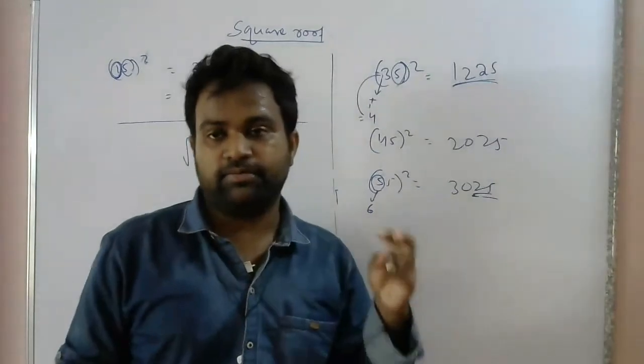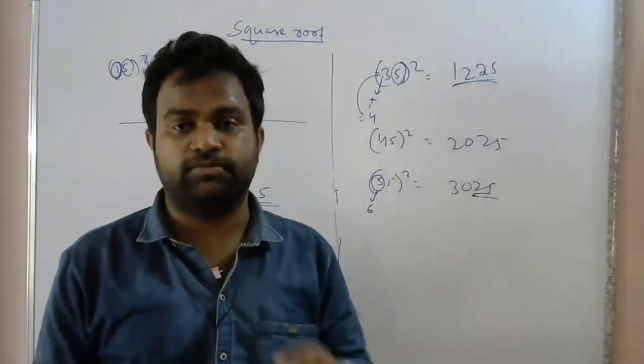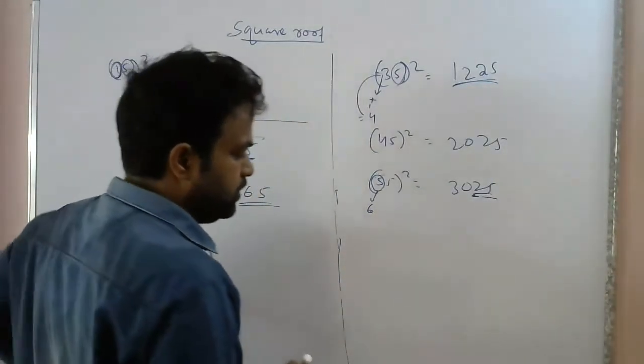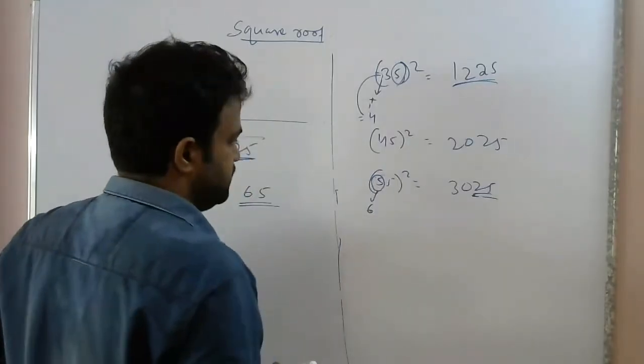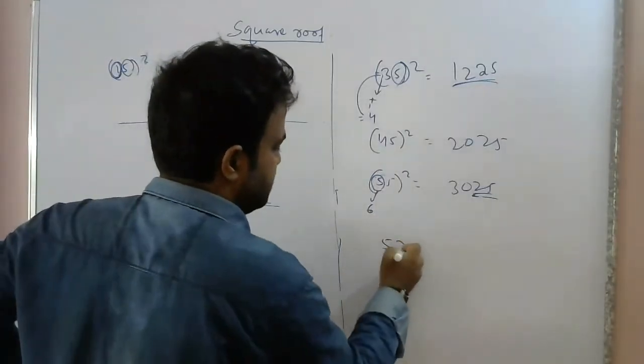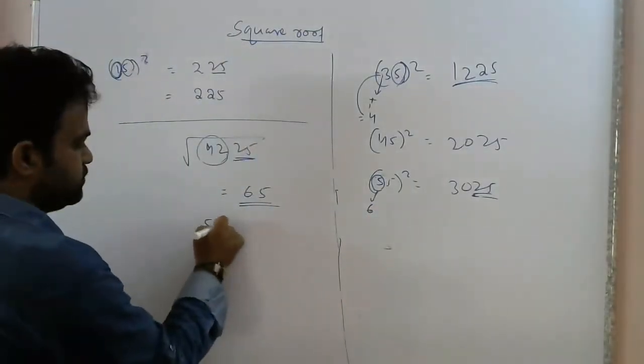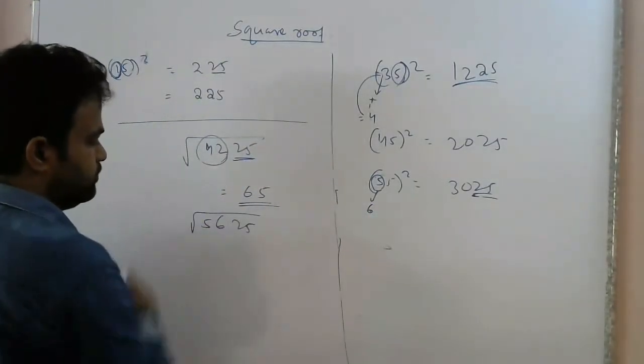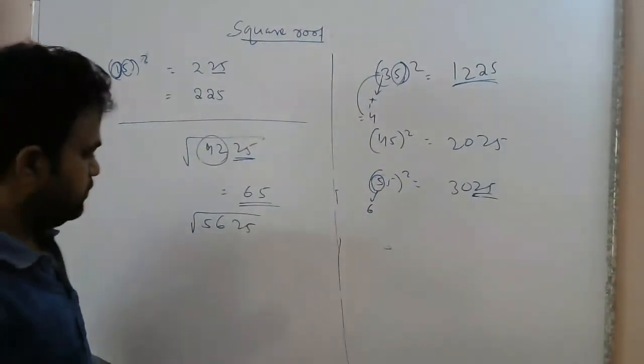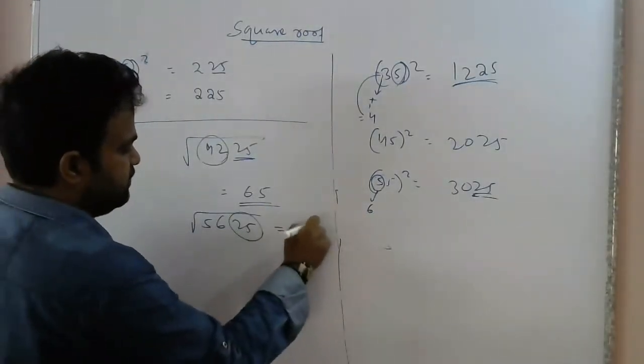Okay, if the number is a multiplication of two consecutive numbers, for example 5625, square root easily you can do. Last number is 25, square root is 5.